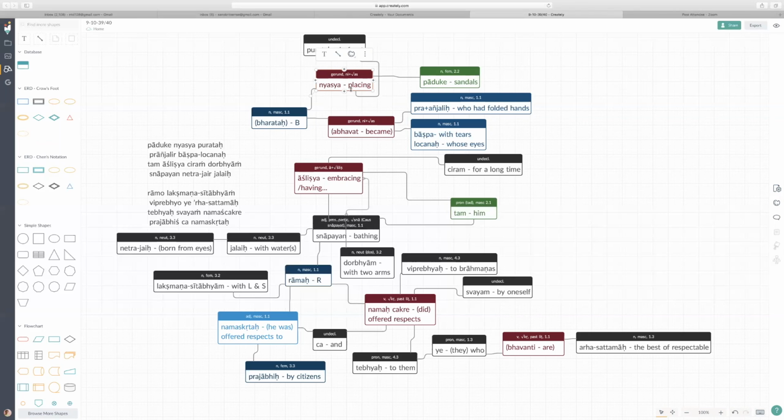So therefore we understand we need to complete the sentence by implying a verb, and therefore these are most likely the descriptions of Bharata as a predicate, like Bharata who became like this. This is from the point of view of the gerund.